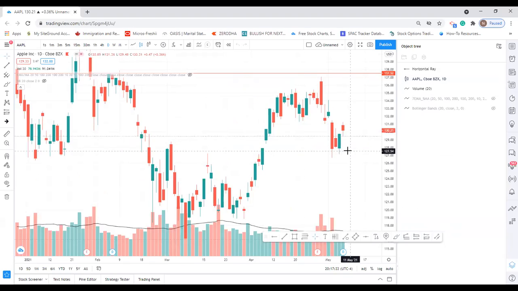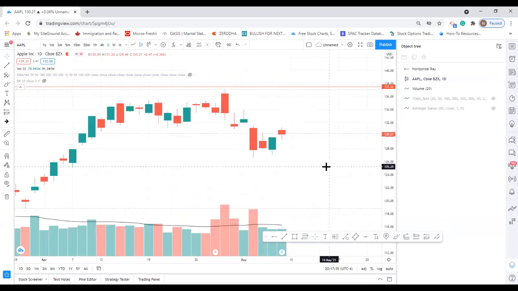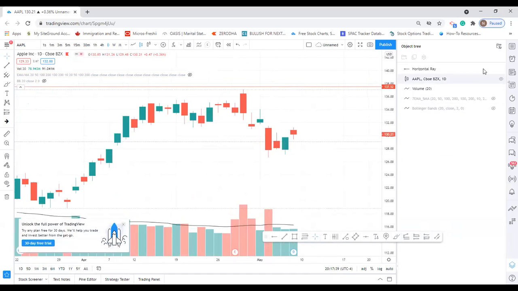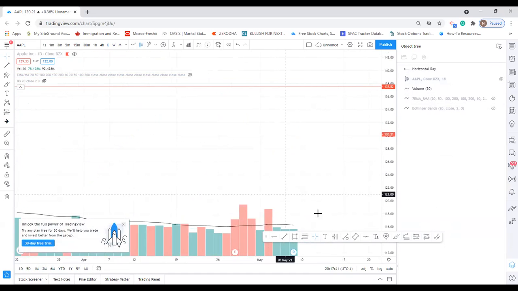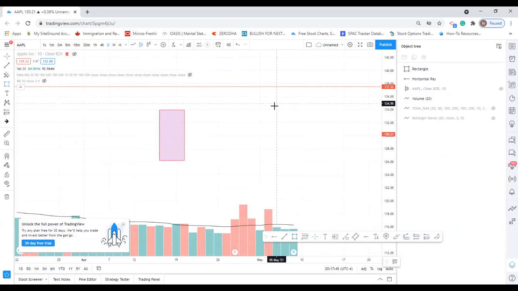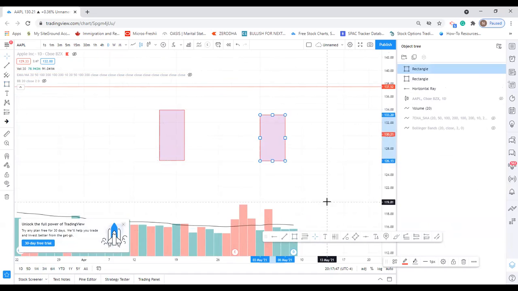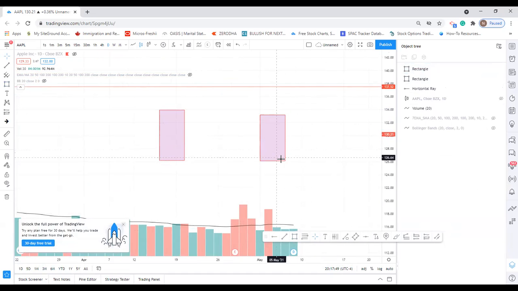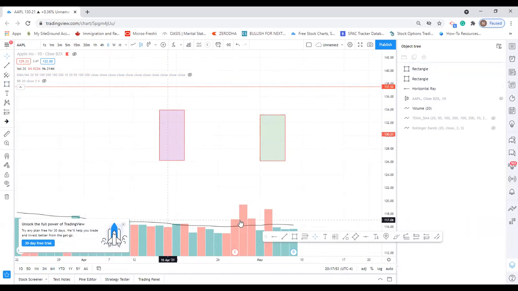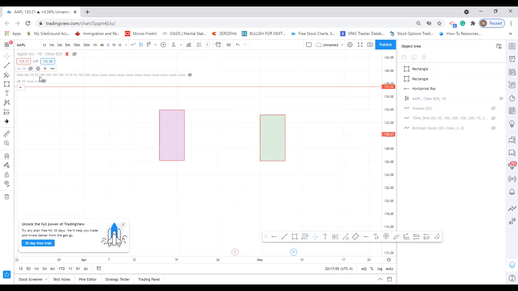Now, if you see here, these are the red candle and the green candle. Whenever you see the candles, like this candle, I'm going to change this one to green. Okay, I'm going to turn off the volume.